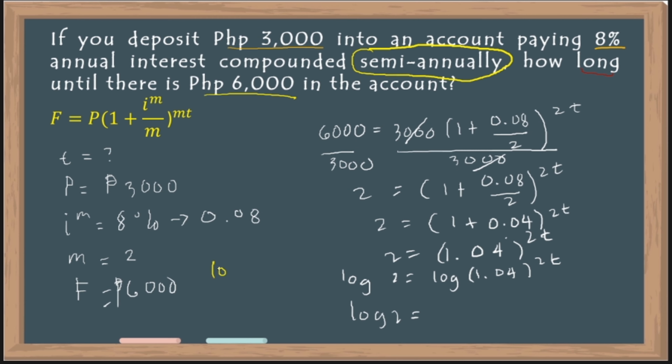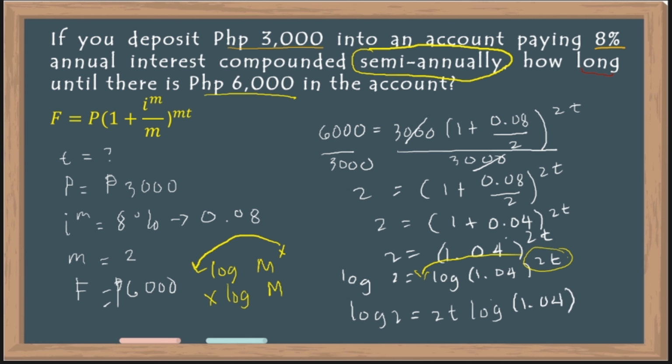Kapag logarithm m raised to x, yung exponent niya mapupunta dito sa unahan. So, ang mangyayari dyan, magiging x logarithm of m. So, ibig sabihin ito, yung exponent niya na 2t mapupunta dito sa unahan. Para yung t ay wala na siya sa exponent. So, ang mangyayari, that is 2t logarithm of 1.04.